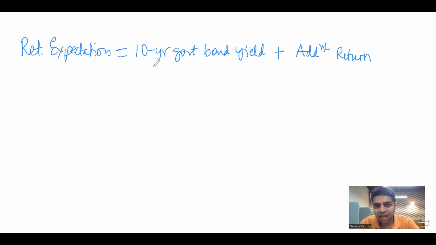This 10-year government bond yield, as I said, could be roughly thought of as broken into two things: the inflation rate plus the real GDP growth rate. And this 10-year government bond yield is considered to be risk-free.